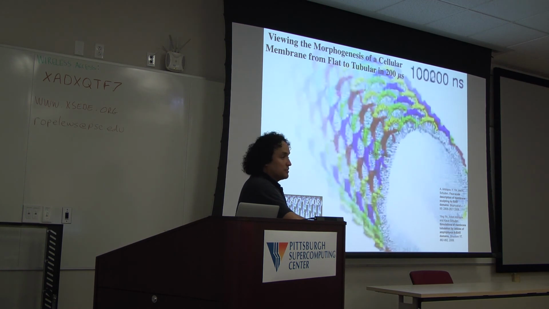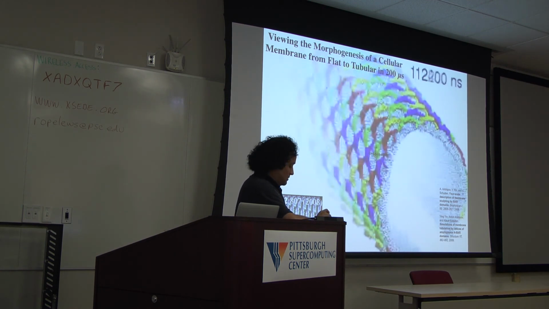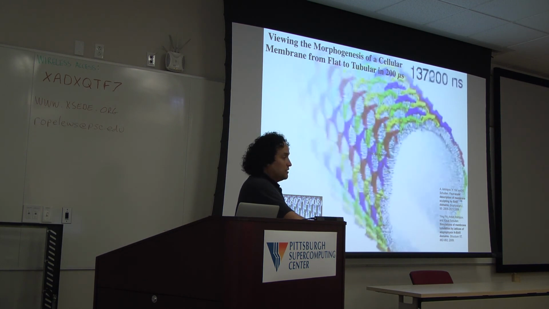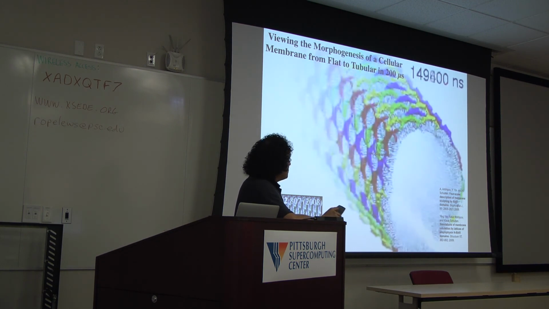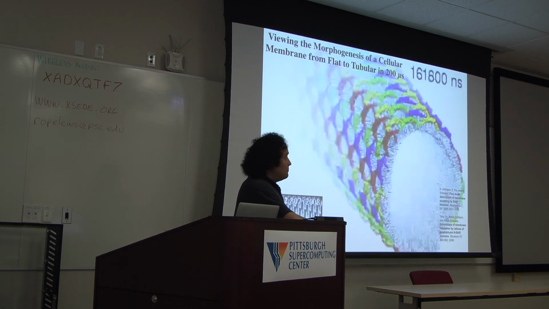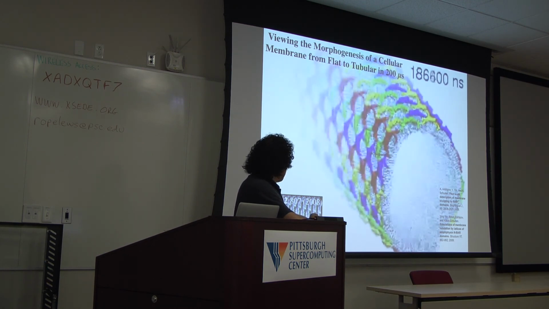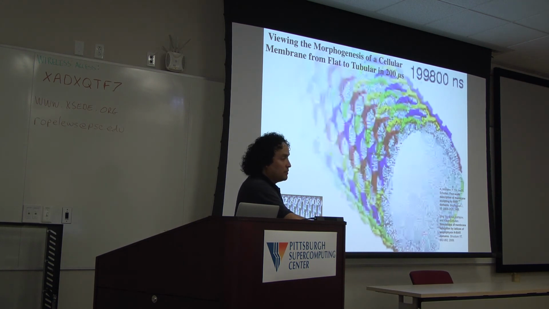This is also coarse grain, but I think it's very nice how you can actually see tubulation in a system of this size. And if you look at the timescales, it's also very ambitious. It's very nice because it matches cryo-EM data. This was actually published before the cryo-EM data came out, showing how the BAR domains do this tubulation of the membranes. So this is a membrane and the BAR domain system.